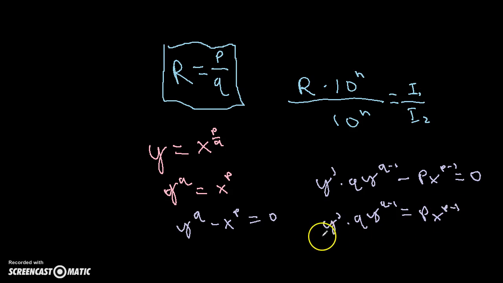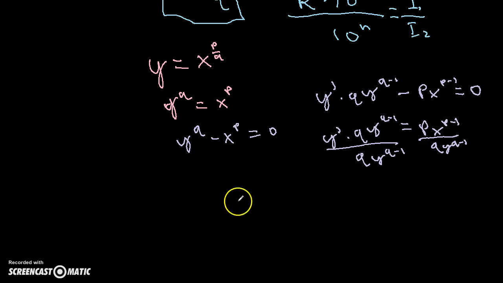And now we want to get y prime by itself. So let's divide each side by qy to the q minus 1. Okay, so let me switch colors.